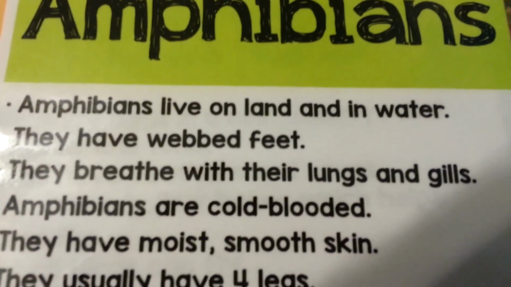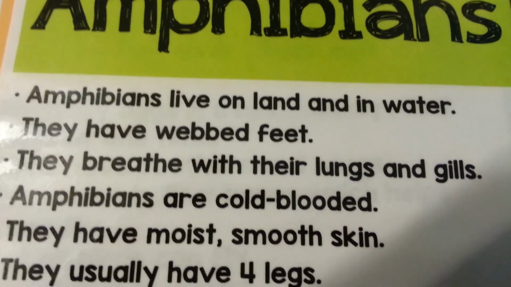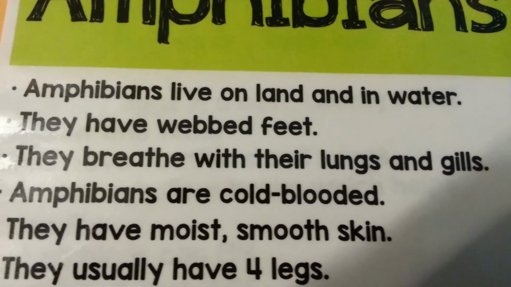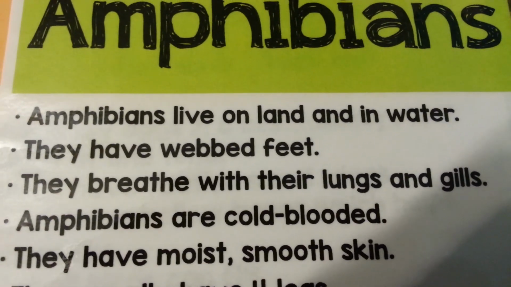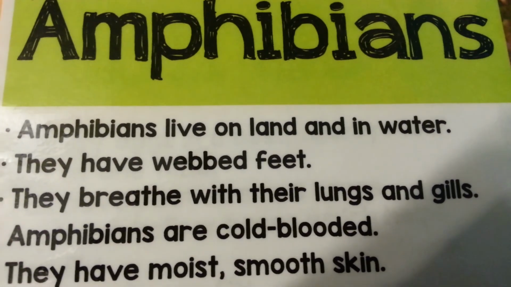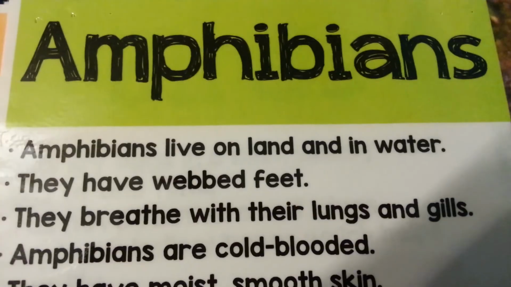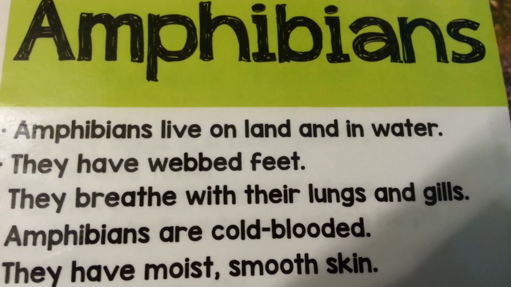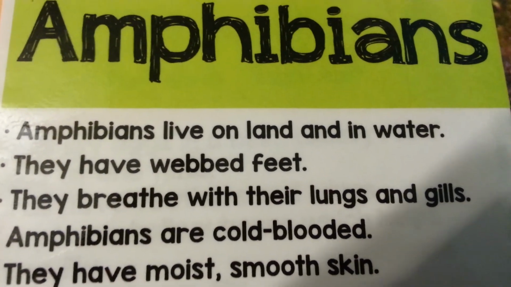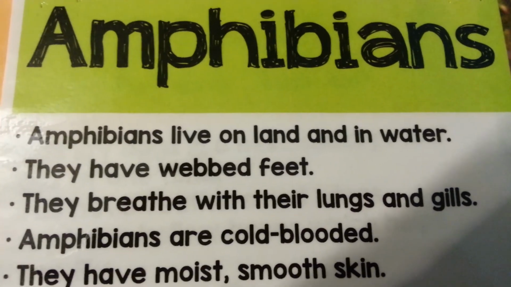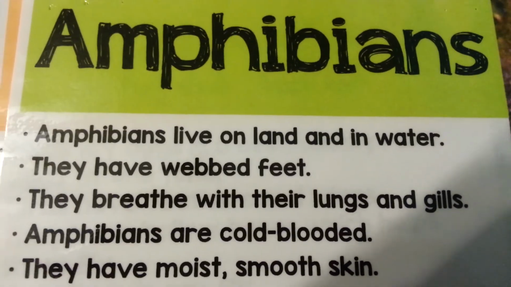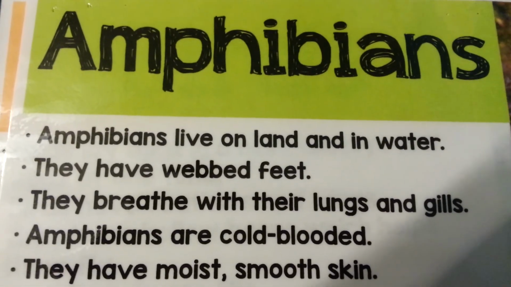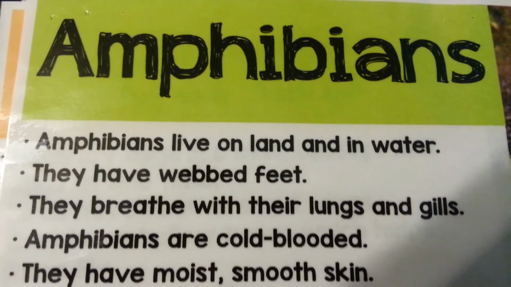So one of their lives is in the water, and the other life is on land, and that's what we see with frogs and toads that start out as fish-like animals called tadpoles and then go through metamorphosis. That means that they change into animals that can now breathe with lungs and walk or hop or whatever on land.